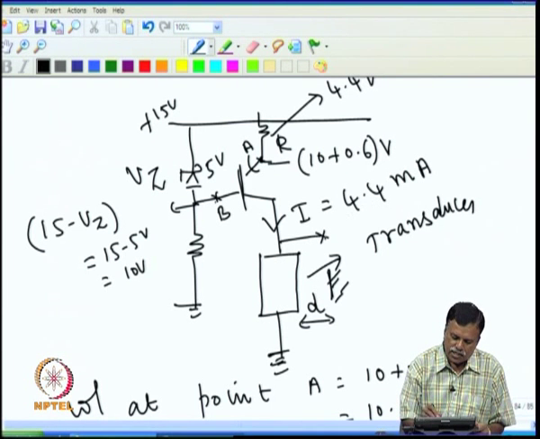Since the current is constant, you will have a constant voltage at this point. So, when D changes, the voltage at this point changes.